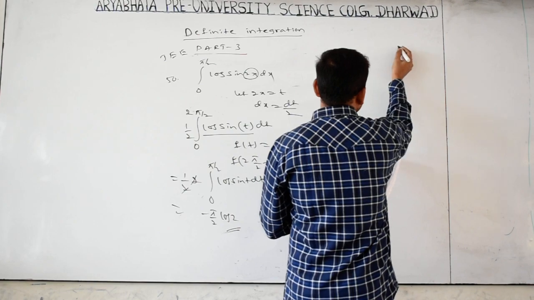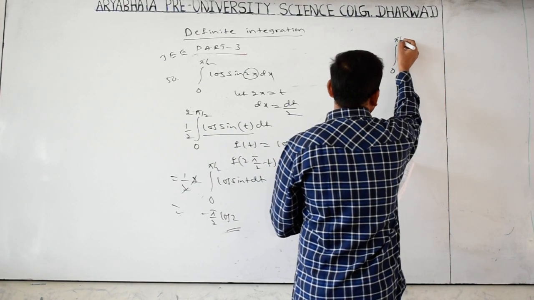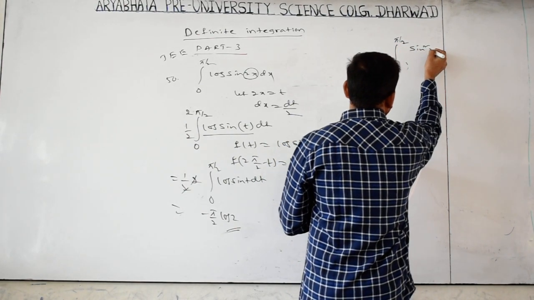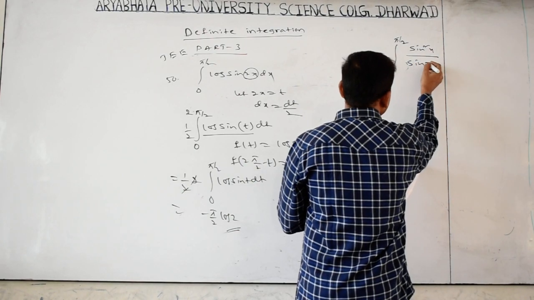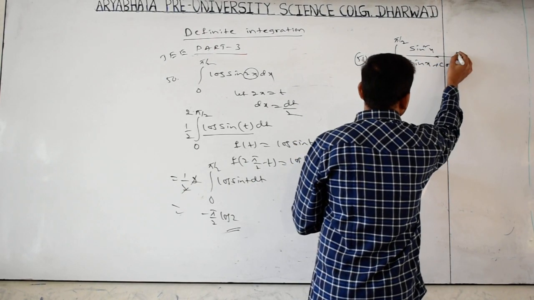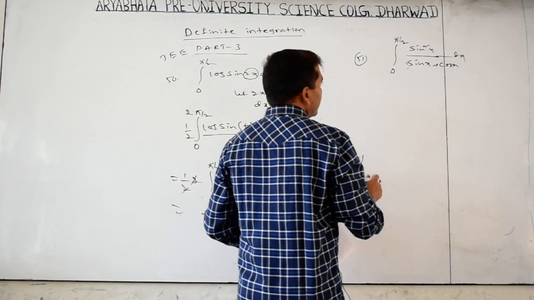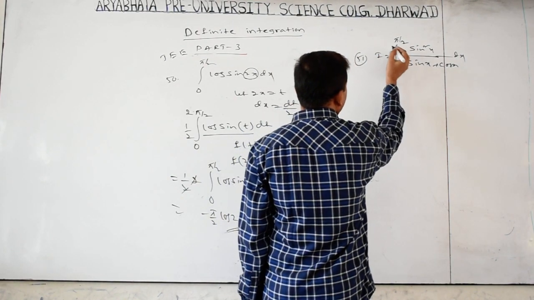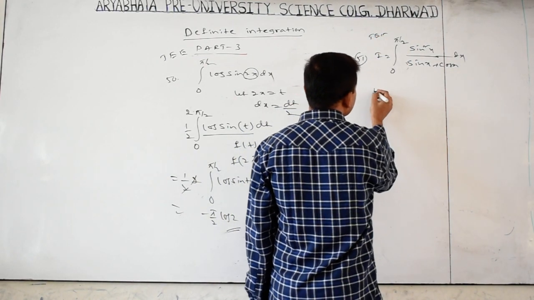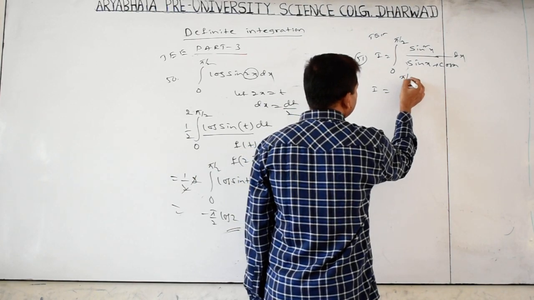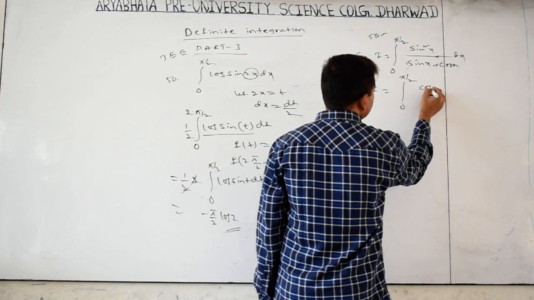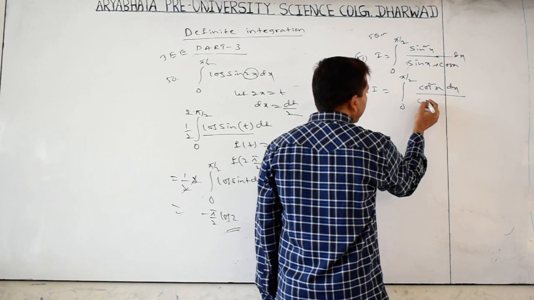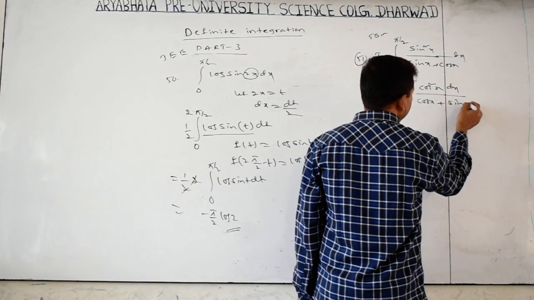Question number 51, integration of 0 to pi by 2 sin square x by sin x plus cos x dx. Let this be I. Use the property: 0 to pi by 2, sin of 90 minus x is cos square x dx by cos x plus sin x.